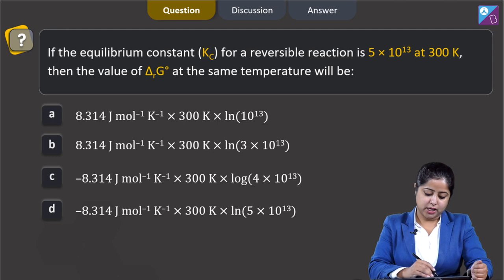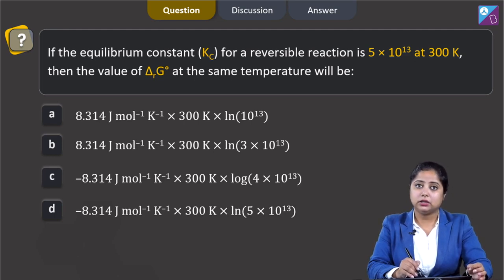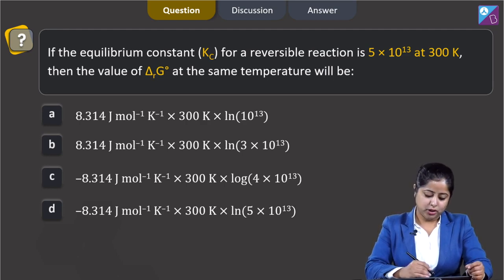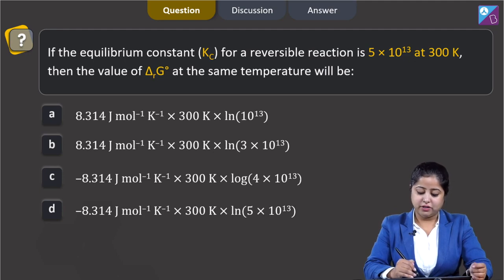The next option is 8.314 joule per mole per Kelvin into 300 Kelvin into ln 3 into 10 raised to the power 13. Next option is minus 8.314 joule per mole per Kelvin into 300 Kelvin into log 4 into 10 raised to the power 13. The last option is minus 8.314 joule per mole per Kelvin into 300 Kelvin into ln 5 into 10 raised to the power 13.